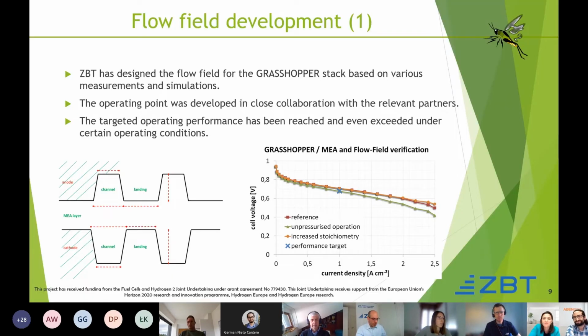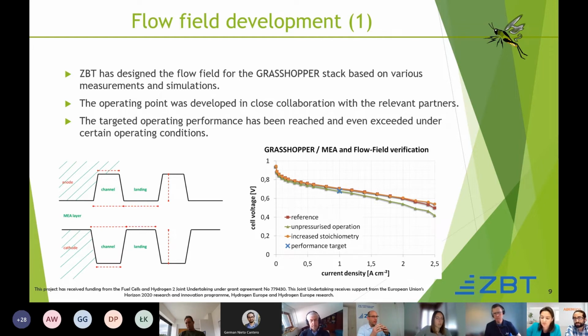So, ZPT was responsible for some key topics regarding the new Grasshopper stack. Therefore, we have analyzed the existing stack technology from NetStack and the existing MEA technology from JM. And we have identified the technical limitations of the designs, and especially from the combination of these designs.